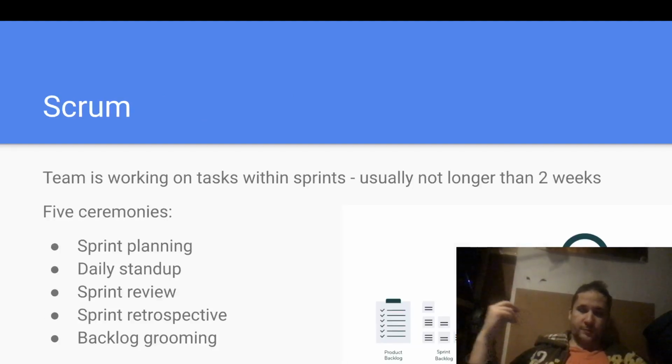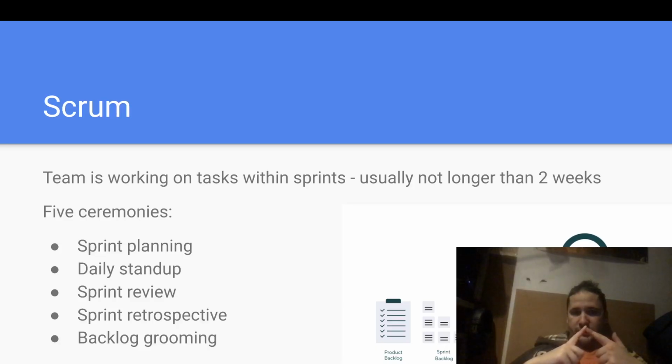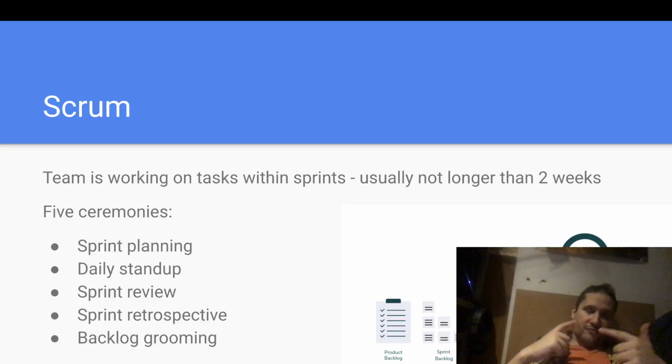The Scrum framework itself is based on things like estimations, on working with story points, and then you have different estimation techniques. I didn't mention this in here, but there are estimation techniques.